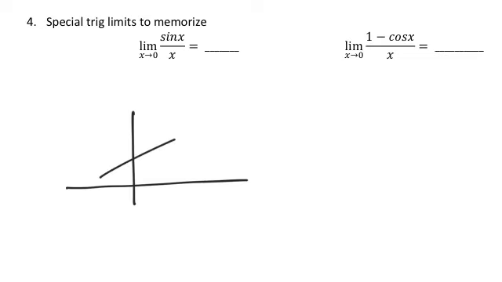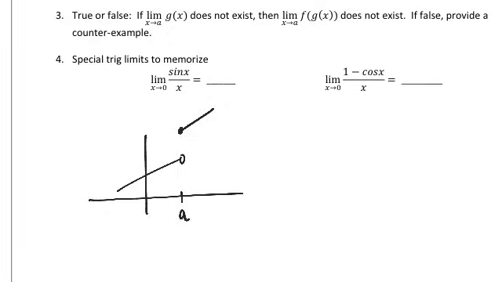Here's a g of x whose limit doesn't exist at x is equal to a. If I say that this is equal to 2 here and this is equal to 4 here, so this is g, right?